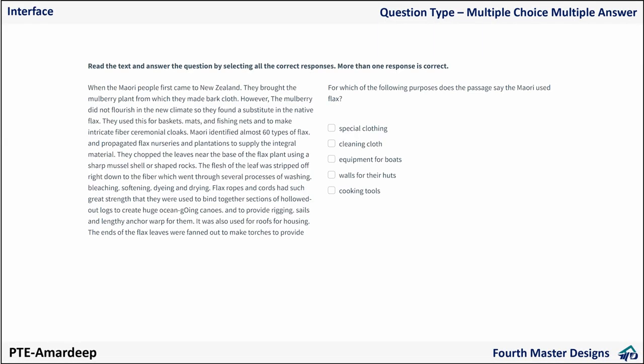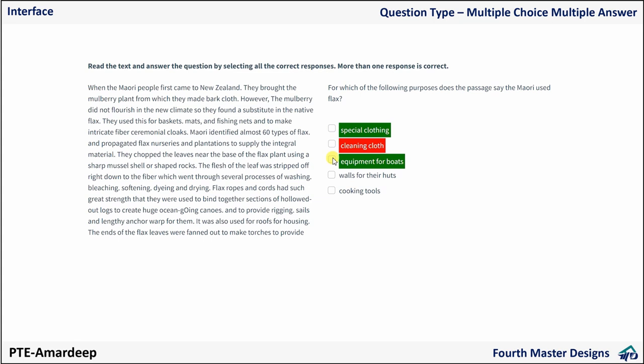Okay, so you will get a question like this. On the left you have the passage, and on the right you have different options. Now let's say I select this one and this one. I selected one correct, then one incorrect. So my score is going to be 1 minus 1, 0. Because I did not select this one, there is no negative marking. Only for an incorrect option there is negative marking.